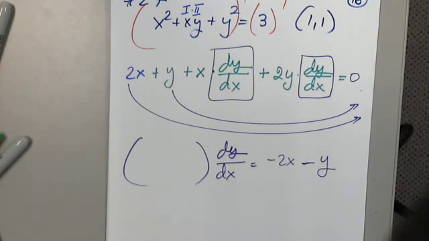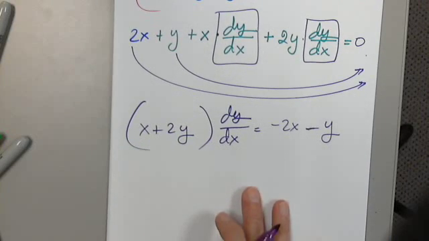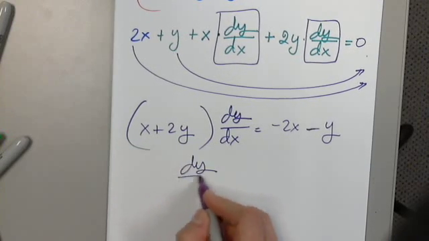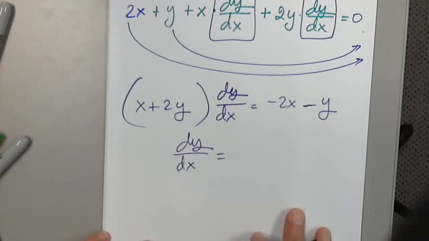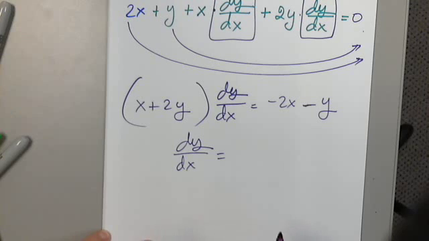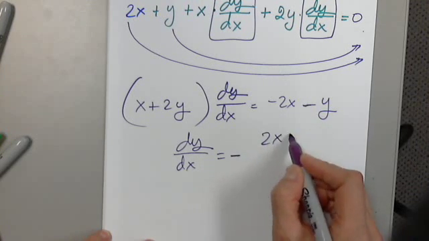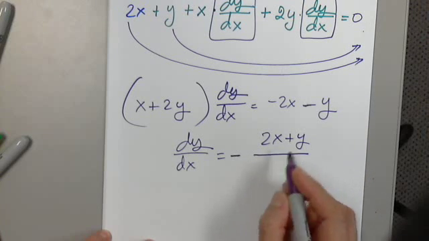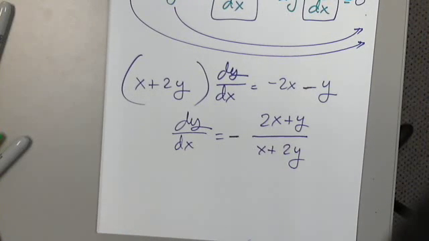And can anyone give us the inside? X plus 2y. Final step, dy over dx for this would be, yeah, I would recommend here factoring out -1. It's not mandatory at all, but I think it's easier if we do that.